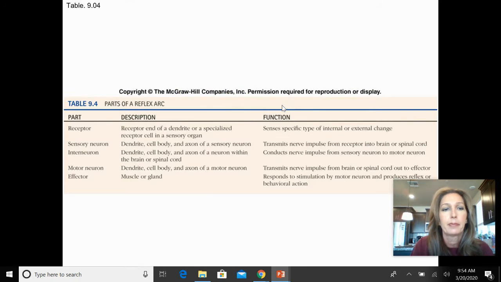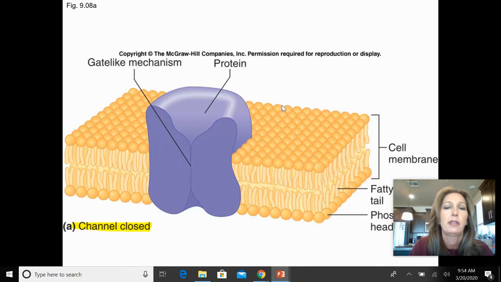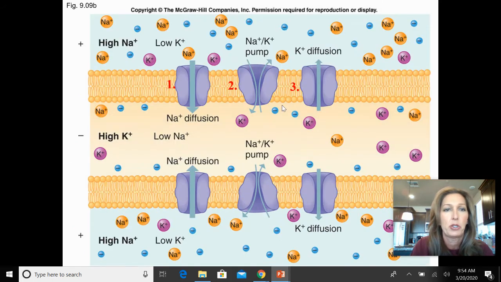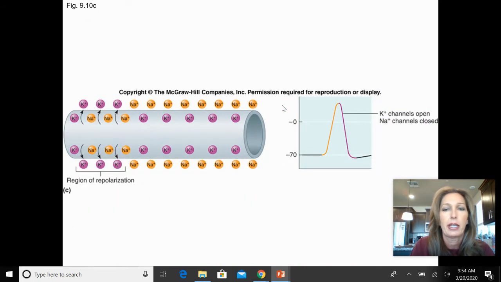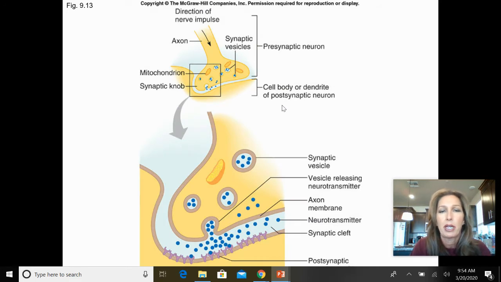Now, where we left off is we talked about the action potential and addressing the actions of the action potential. And where we left off was actually talking about the actions of the synapse. And remember that a synapse is two neurons that are communicating.